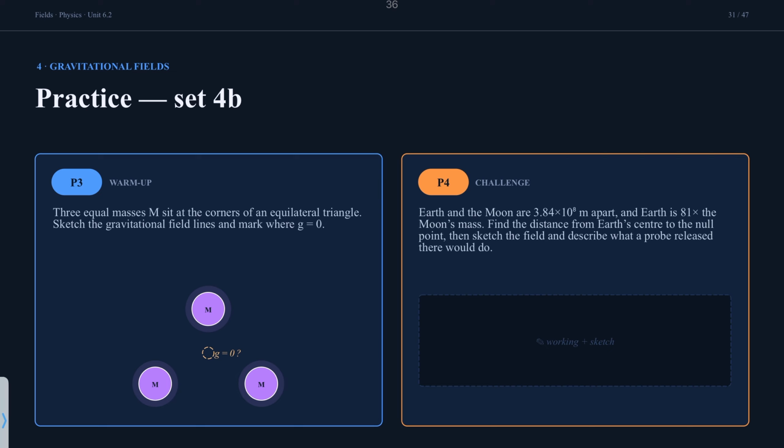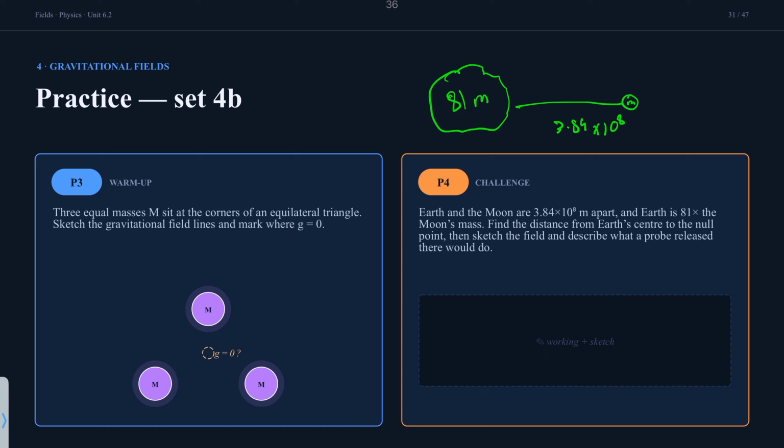Okay? So, Earth here, moon here, 3.84 times 10 to the 8 between them. So this is 81 m, and this is just regular m. What's the distance from Earth's center to the null point?